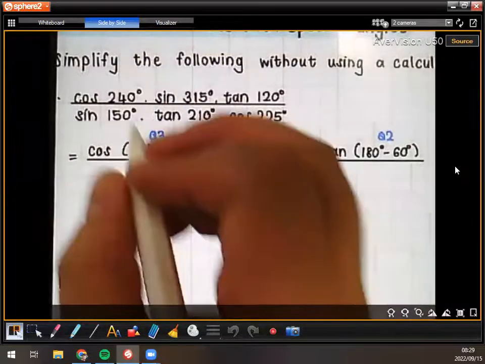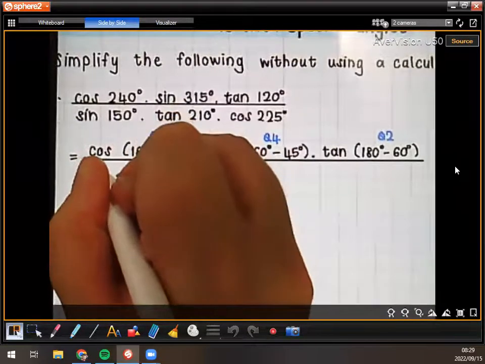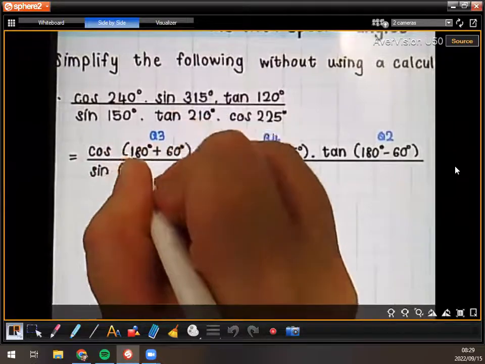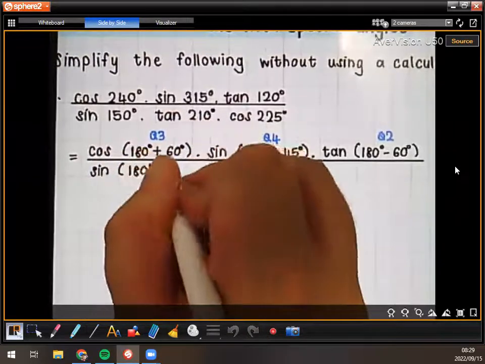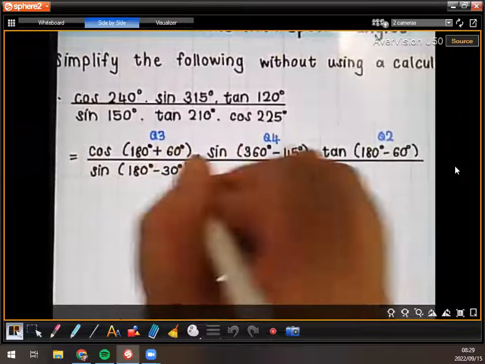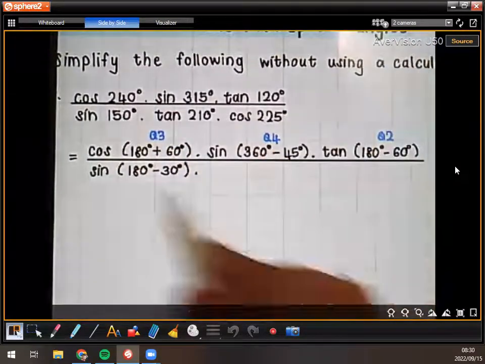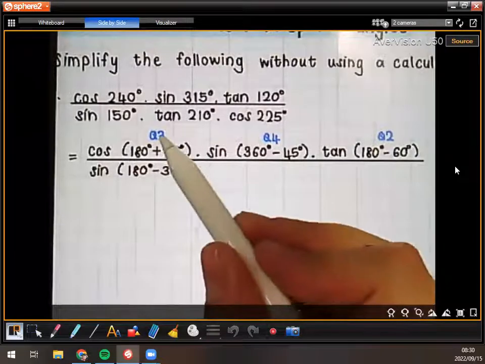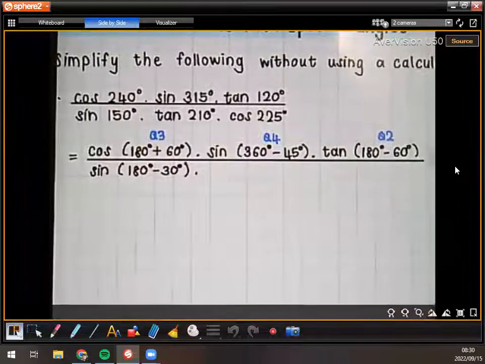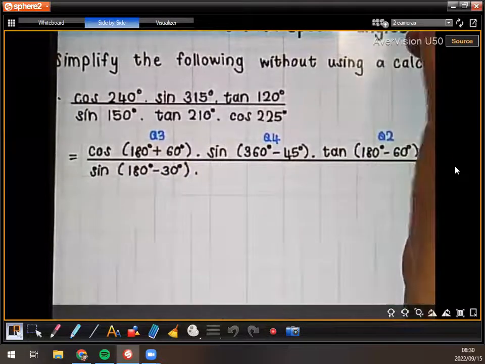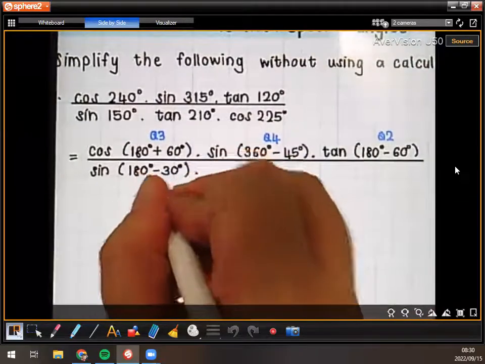At the bottom, we have sine 150. I'm going to rewrite that as sine 180 minus 30 degrees. You guys notice that we're actually using special angles for all of these, right? My first bracket is 60, there's a 45, there's a 30, that's a 30 now. So all of these are special angles so far.